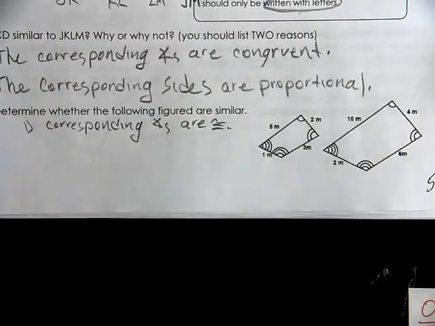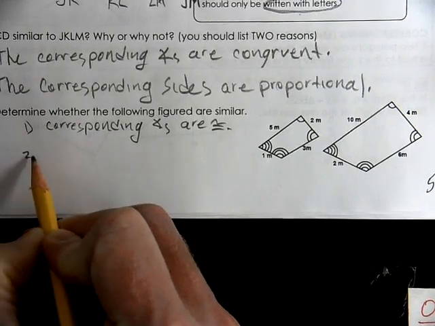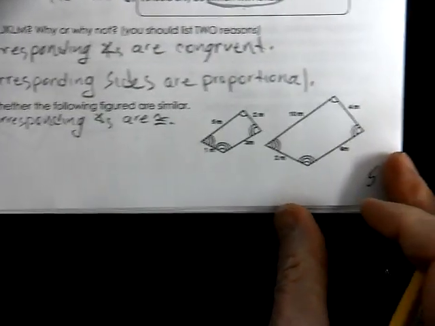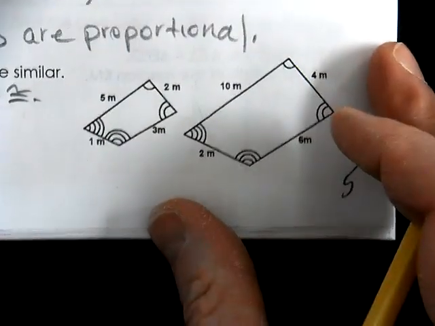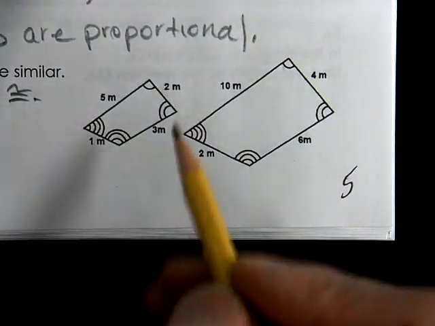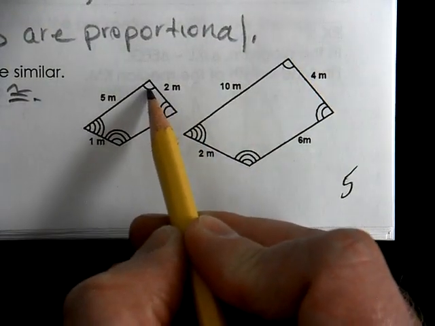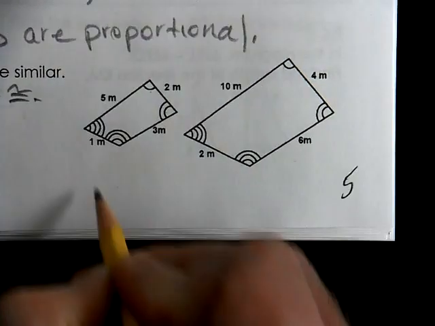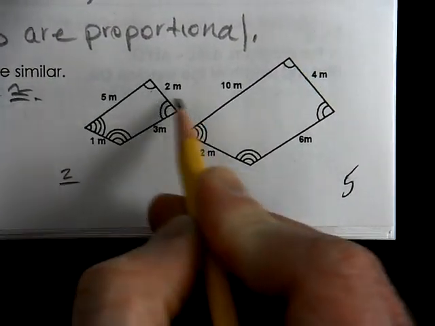So what's the other part we have to check on? You check on the angles. What's the next part? The sides need to be proportional. So we have to do some calculations to see if we actually have that. All right, so between the 1 tick mark and the 2 tick mark, we have a length of 2.